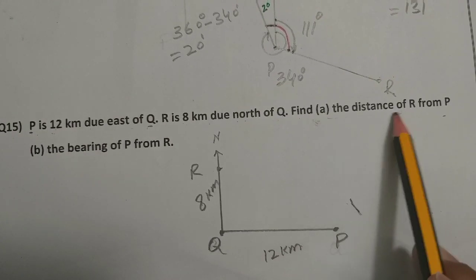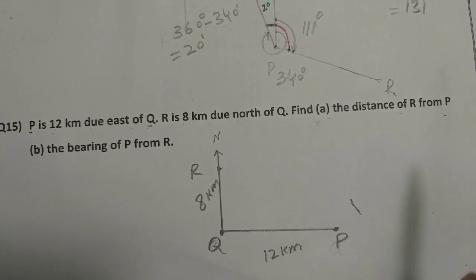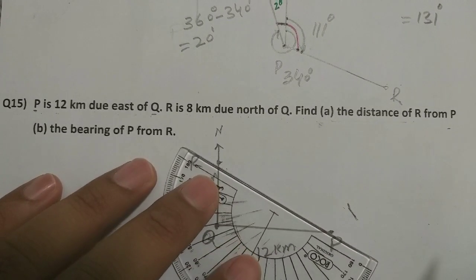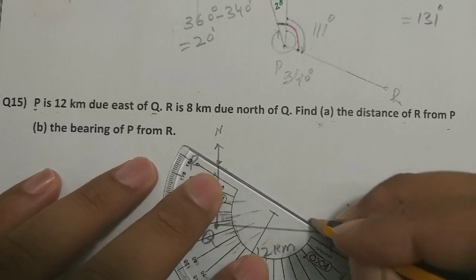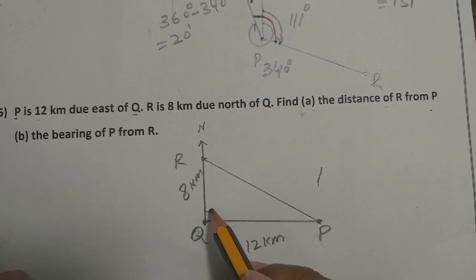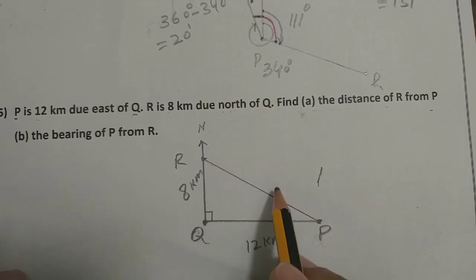In the first part, he said find the distance from R to P. It means we need to find this distance. If we join these two points, this becomes a right angle triangle, and we need to find the longer side, which is the hypotenuse.